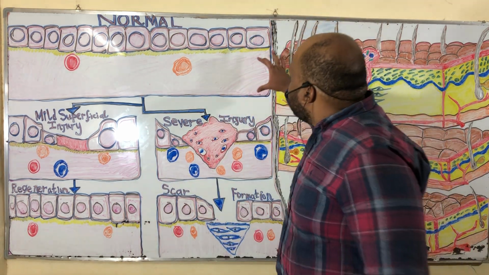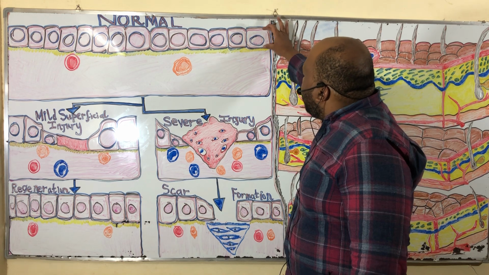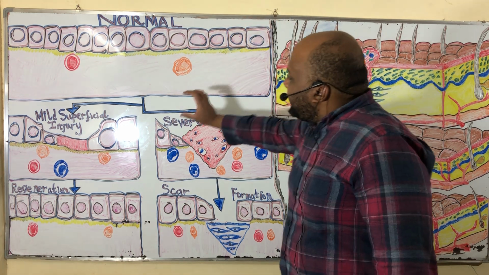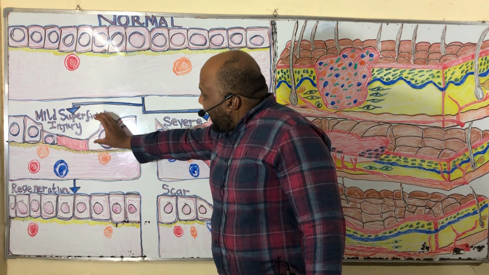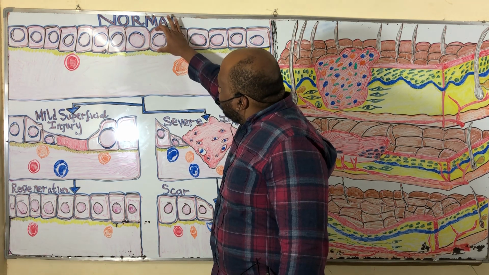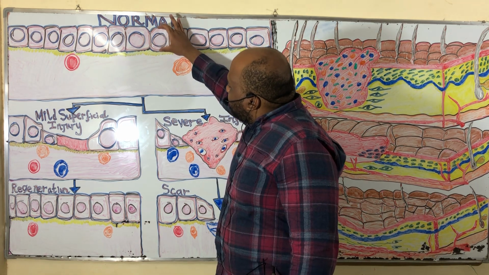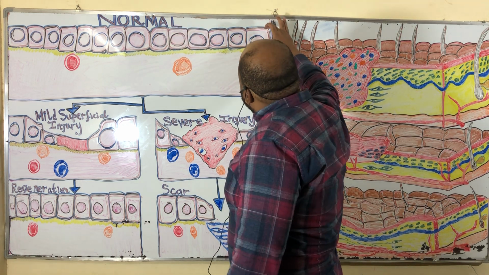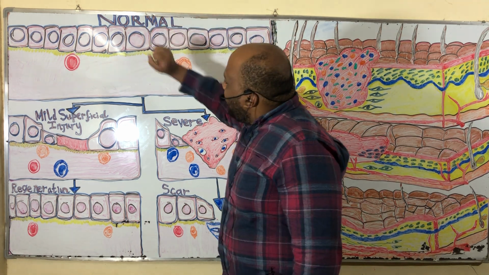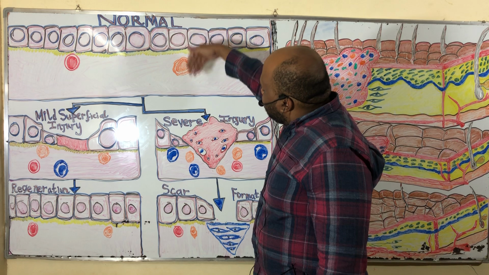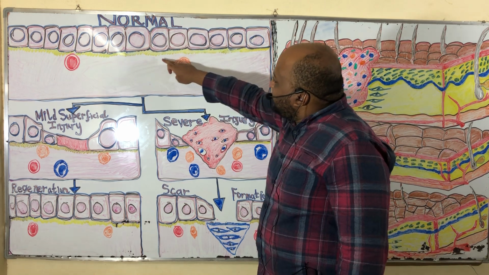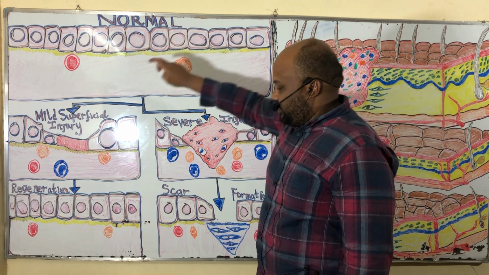So this is the underlying tissue, and that's the epithelium. We have an injury that is limited at that epithelium layer, and then we have an injury that goes deeper into the underlying tissue.